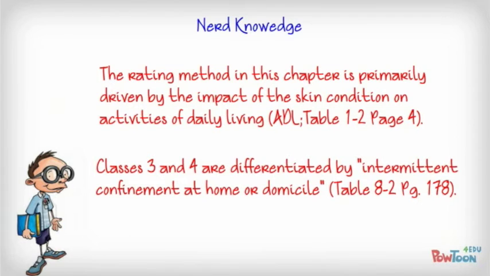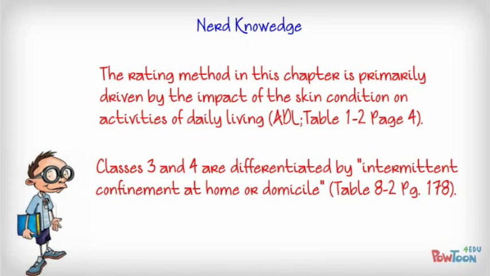Classes 3 and 4 can be tricky, and we bring this up because they are differentiated by whether or not the condition keeps the individual in the home and at what frequency they have to stay in the home.